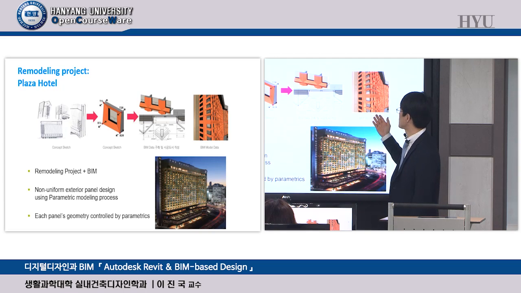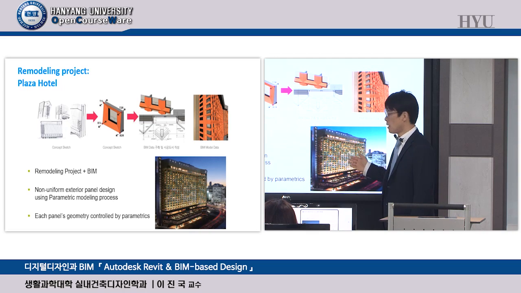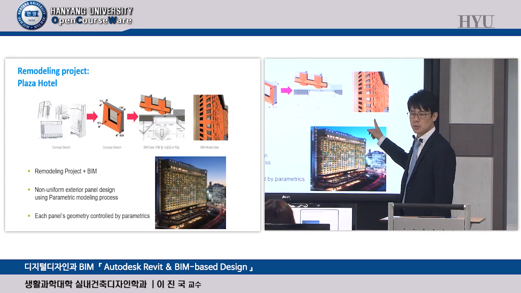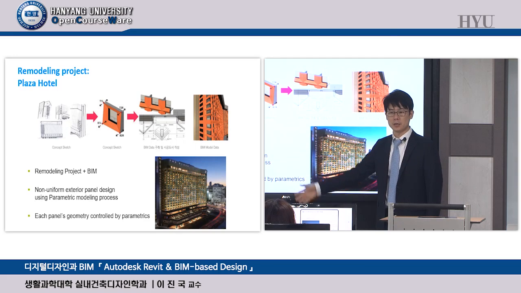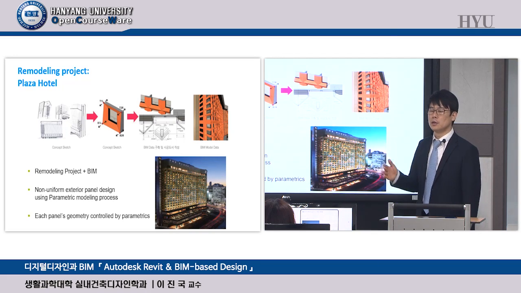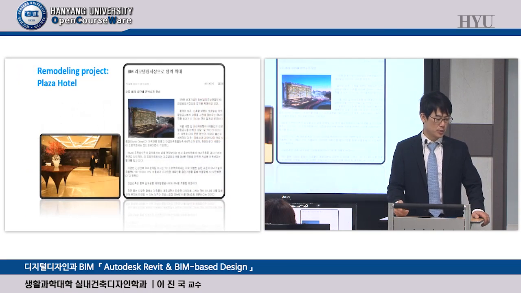Okay, but thanks to this kind of parametric modeling and BIM approach, it was successfully done, like this way. Actually, I'm not talking about the impact of this design, whether this design is good or not, but anyway, different window systems, different frame systems, all totally different, were manufactured at the factory, transported, and installed in order, thanks to parametric modeling and BIM technologies.